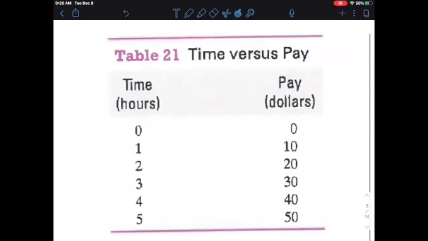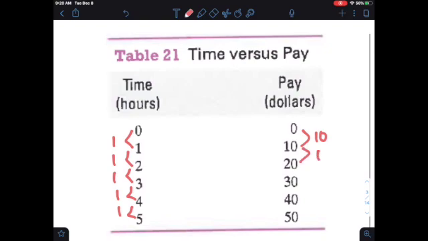If you look at the chart, the hours go up by 1 every time, and the pay goes up by $10 every hour. So in this case, it's $10 per hour.